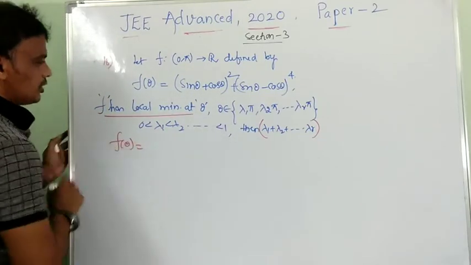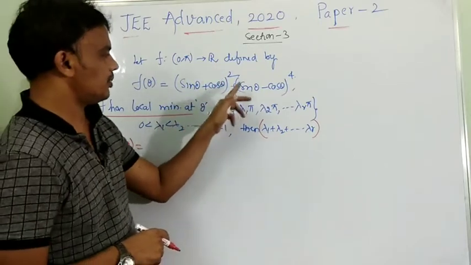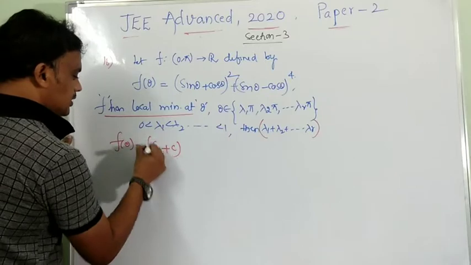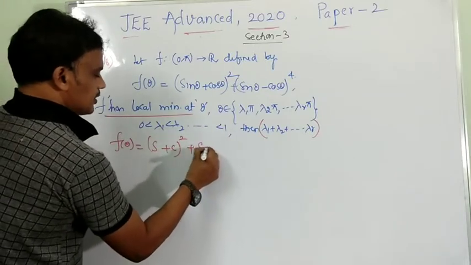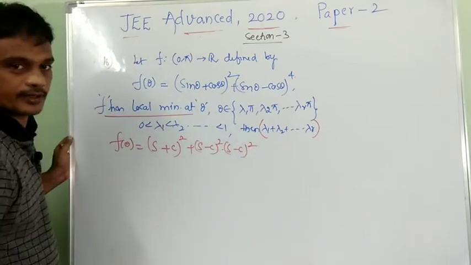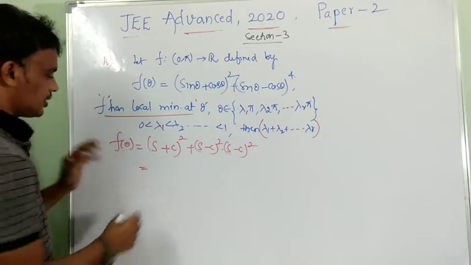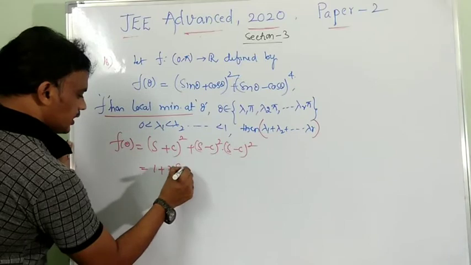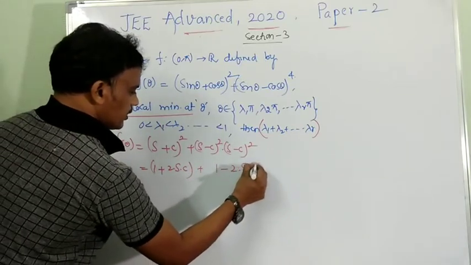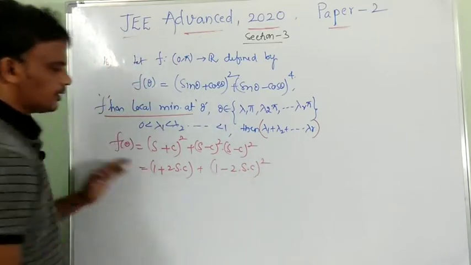So take the condition they have given. F of theta equals sin theta plus cos theta whole square plus sin theta minus cos theta whole square. Like I write: sin plus cos whole square plus sin minus cos whole square into sin minus cos whole square. This is sin square plus cos square, 1 plus 2 sin cos. This is 1 minus 2 sin cos whole square. Am I right?